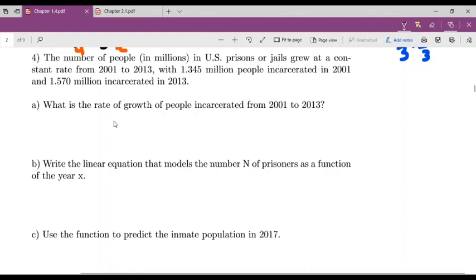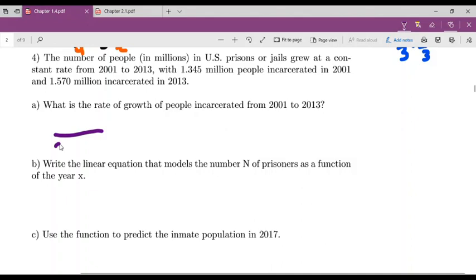What we're going to do is essentially do the subtraction just like we were doing. If I choose 2001 to be my x1, y1, I just need to make sure that I pair that 2001 with that 1.345 million people. Since it is growing, it's probably a good idea to put your bigger numbers first.